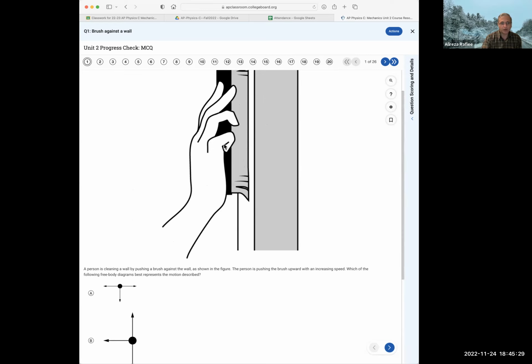So there are two components, vertical and horizontal, right? Or you can say there is a force at this angle. Then there is a weight and a friction downward, and then there is a normal force to the left. This force, which the arm is exerting, is going to break into two components.